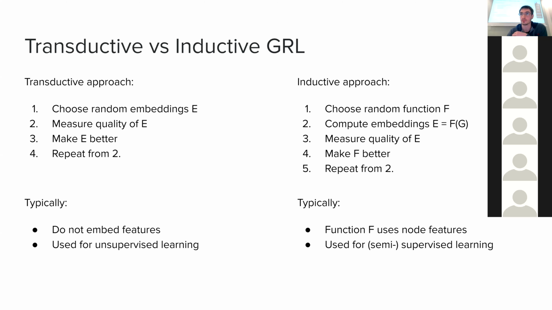I see. The complexity of the task, maybe also. Yeah, the complexity of the task, or at least how many different types of patterns are in the graph that you need to be aware of in order to solve your task. So if the graph is huge, but there are only a few patterns to learn, maybe a small embedding will be enough. Cool. Okay, thank you.